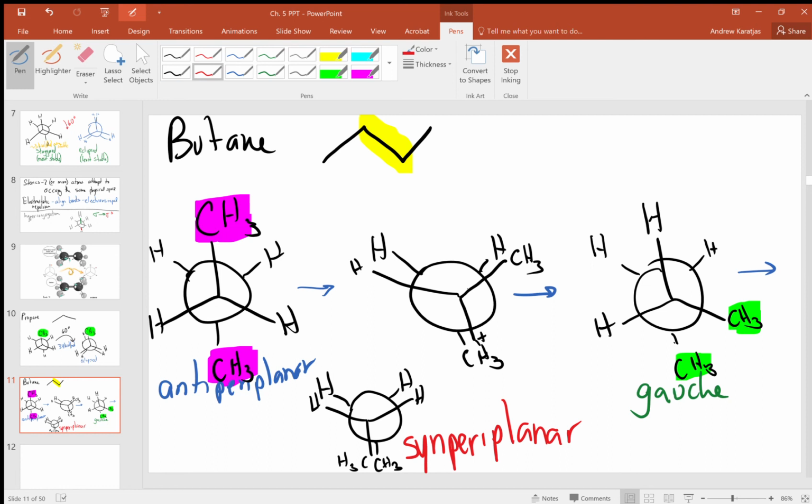But your other carbons are still going to be able to rotate, and so you're going to end up with multiple different versions of that staggered conformation. And so basically, once we get into molecules with more than about 4 carbons, we can't easily do this kind of analysis with just a model kit, and it generally requires computational software to do.